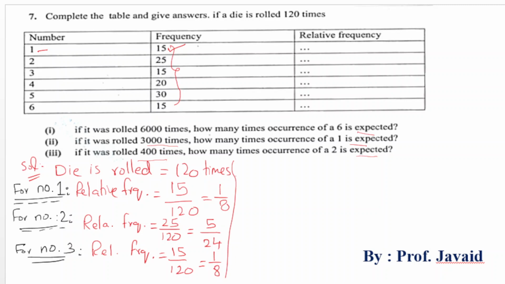Now move to number 4. Relative frequency for 4: the frequency of 4 is 20, so relative frequency is 20 divided by the total 120.